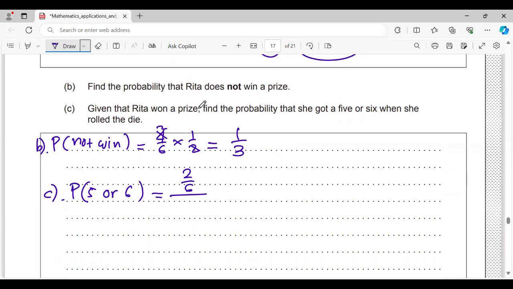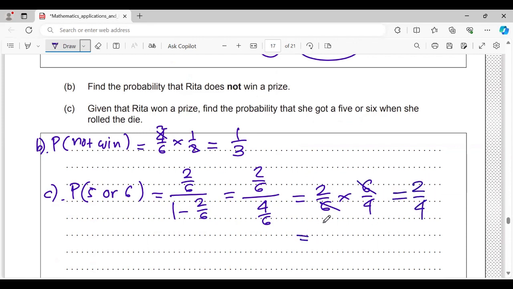So 2/6 over 1 minus 2/6, and it is 2/6 over 6/6 minus 2/6, which is 4/6. 2/6 times 6/4 is 2/4, which is half.